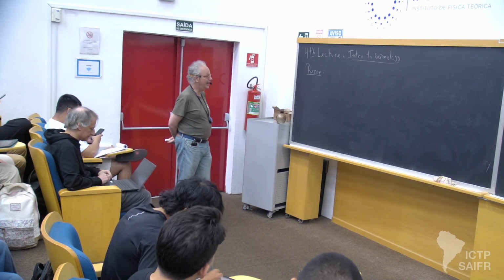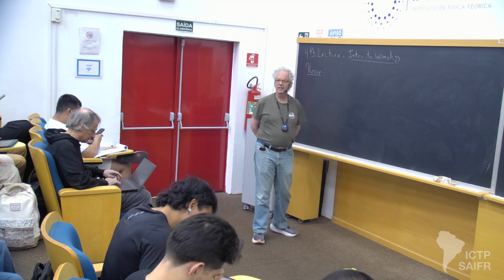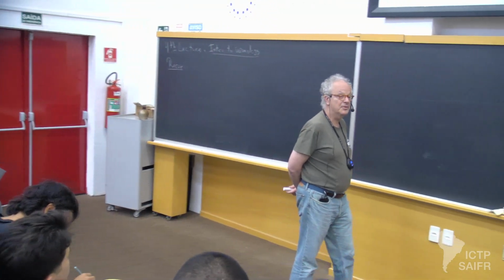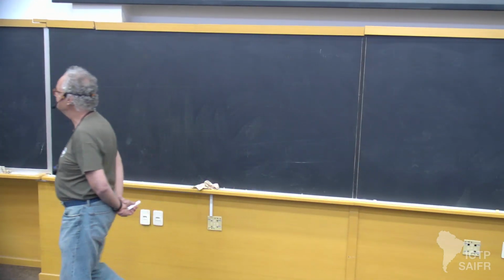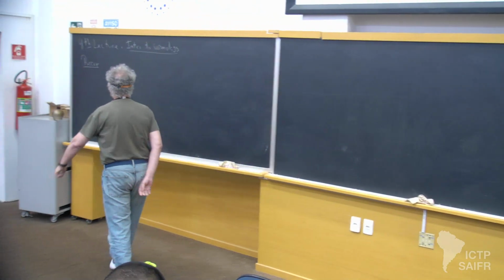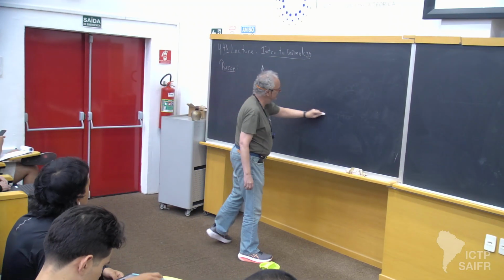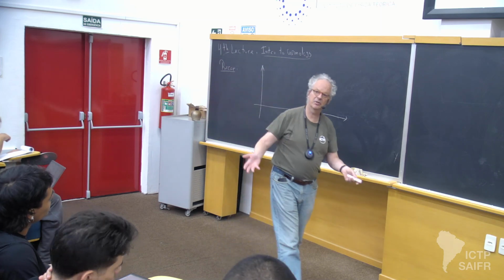So just to recap, something we did last time was to study how the energy density of different fluids in the universe evolves with time. When I say fluids, I mean perfect fluids with different equations of state.